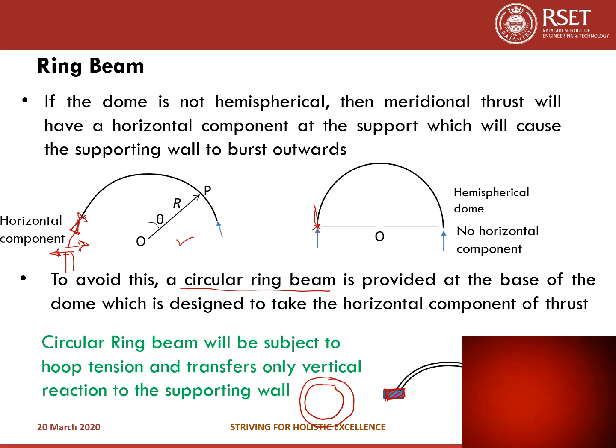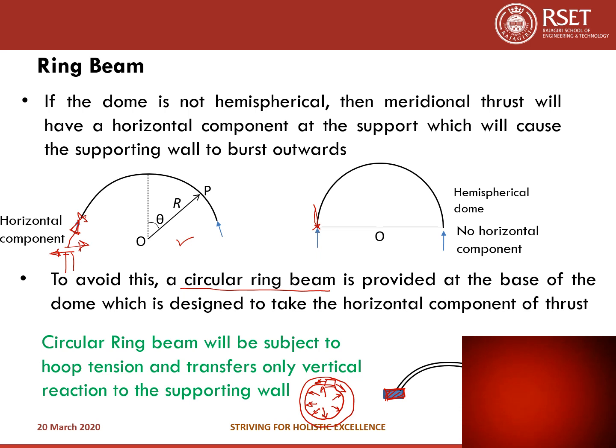The horizontal component of the thrust will act like a force on the ring beam in the radial direction. Due to this force, the circular ring beam will be subjected to a hoop tension. So there will be a tension in the ring beam, and the ring beam has to be designed to take this tension.